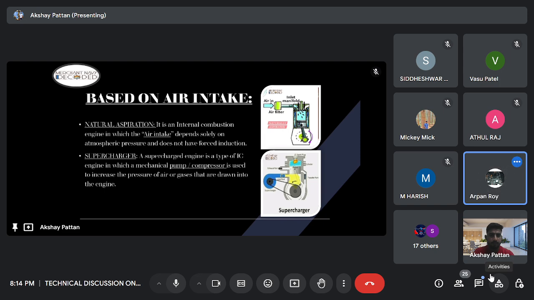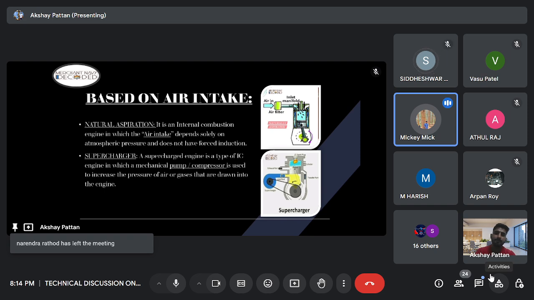In a supercharger we use a blower, where the crankshaft pulley is connected to the blower pulley by a belt drive, through which the air is sucked in. Natural aspiration takes the air inside directly. That is the difference between supercharger and natural aspiration.